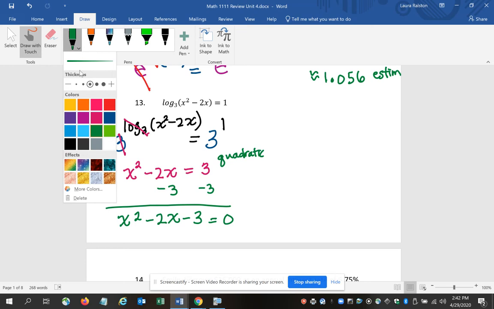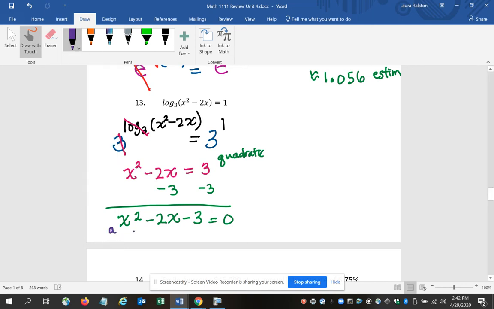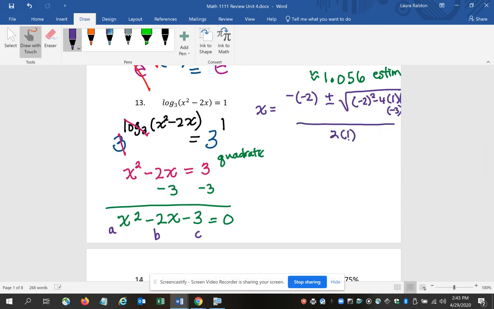Again, I know that most of you prefer to use the quadratic formula, so that's what I'll do. A is 1, B is -2, and C is -3. So we would have x equals the opposite of -2 plus or minus the square root of -2 squared minus 4 times A times the -3. I had to squeeze it in there. Divided by 2 times A.